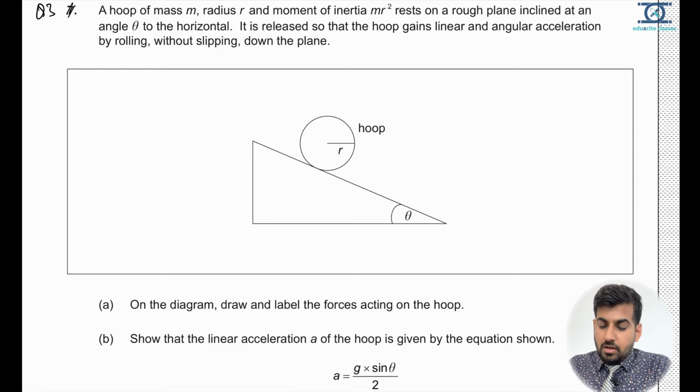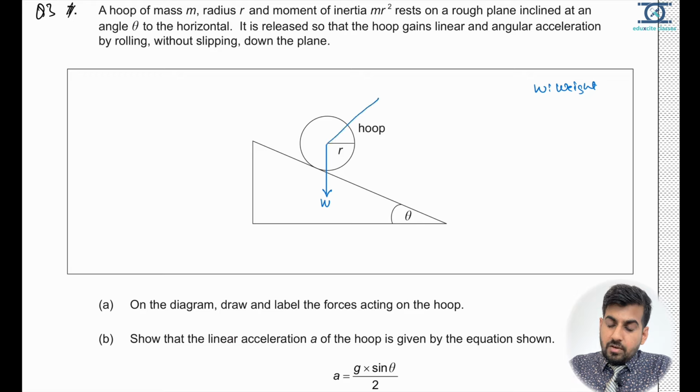Okay, now on the diagram, the first part is to draw and label the forces acting on the hoop. So we know what the forces acting are. One is vertically downward, that is W, the weight, which is mg, and you have to label it. Then there is a normal reaction force, which is acting perpendicular to the surface. So it will be somewhat like this.